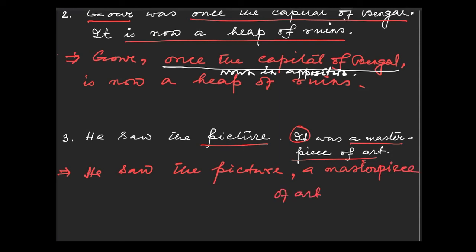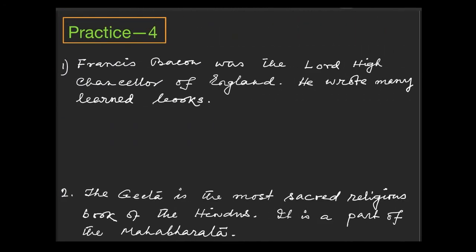A masterpiece of art is a noun phrase. So, noun in apposition. Okay. Now, go to the next part. It is the last part. See the sentences. Copy them in your notebook.